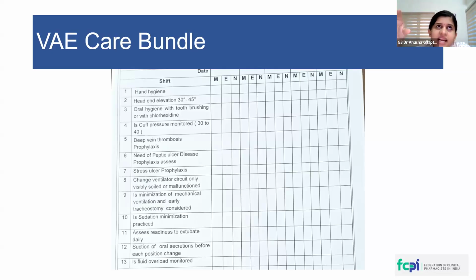What we must understand is the care bundle is different for every hospital. It is not the same. So we can prioritize our care bundle depending on our infection control team's inputs and the inputs of the administration. The picture I've shown is just an example, so you can improvise it according to your hospital setting.